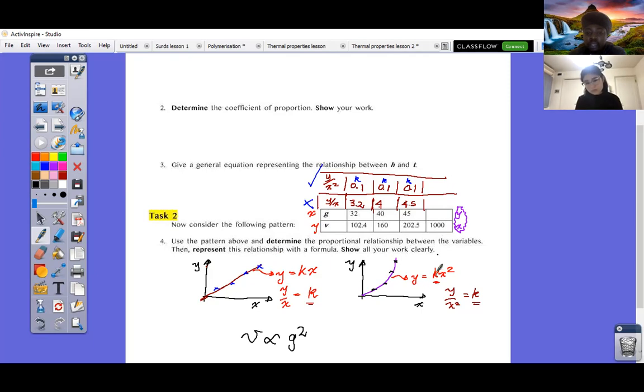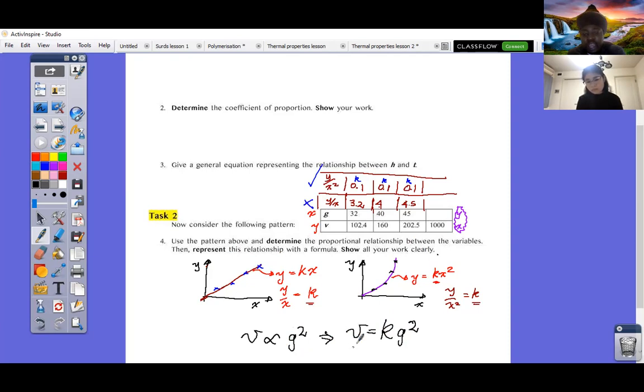Then I used y equals kx squared, and I see that I've got a constant k. And of course, my next step would be to say that V must be equal to, I introduce a constant k, kg squared.